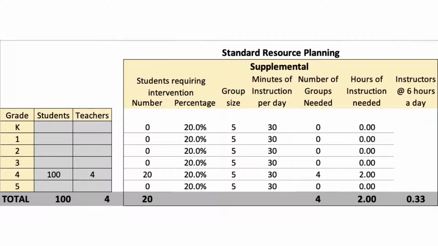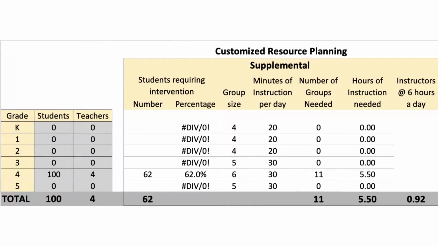This team recognized that their needs would be greater than this when we think about students who are at risk. And so what they did next was take a look at their actual risk numbers compared to this to get a sense of what they were working with.